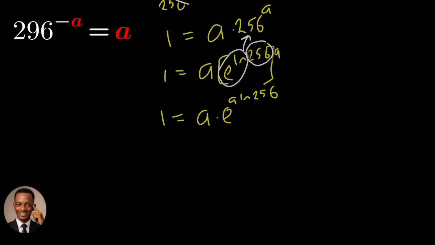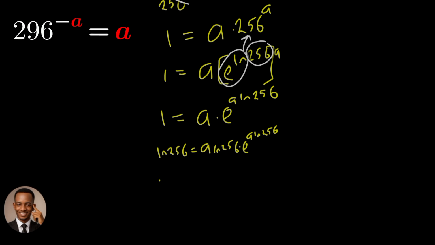So next we multiply both sides by ln 256. So ln 256 times 1 gives us ln 256 equals, then here a ln 256 times e to the power of a ln 256. Now we take the W function of both sides.